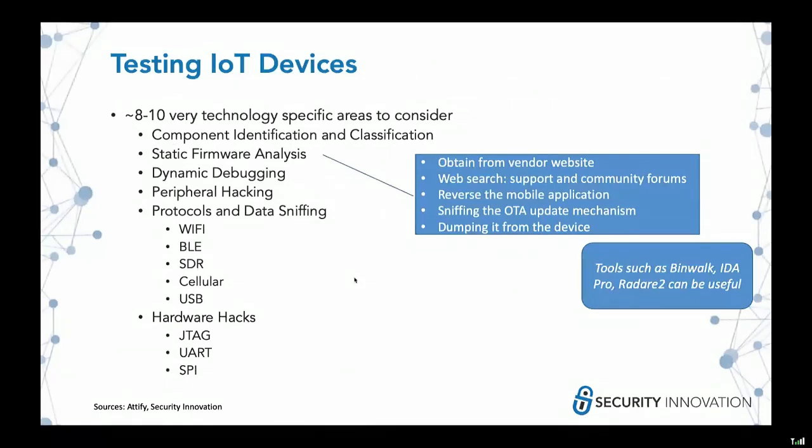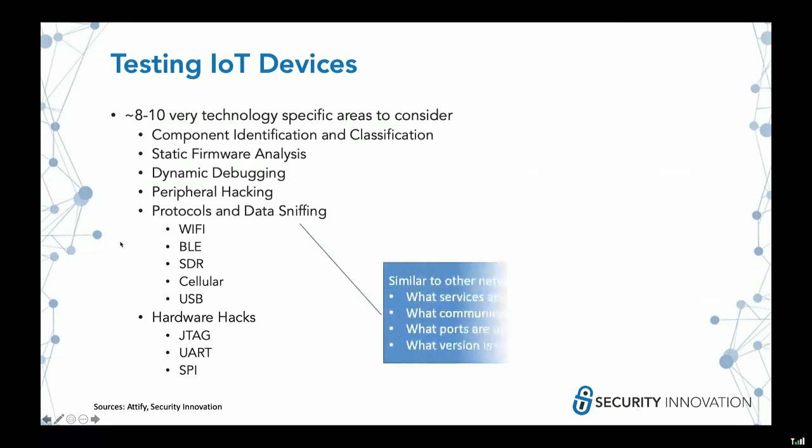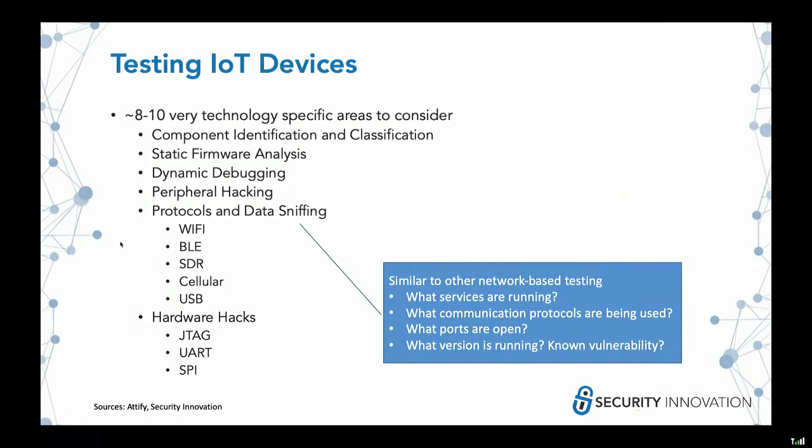Or the most difficult and challenging is actually doing a dump from the device itself. But there are tools that make these things a little bit easier, tools like Binwalk, IDA Pro, and Radare2. They can be useful.